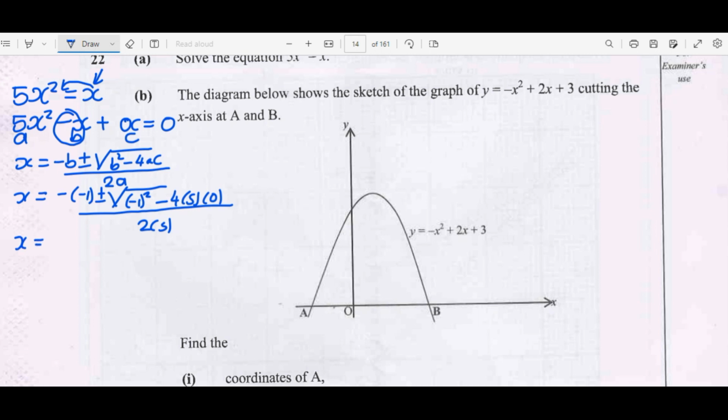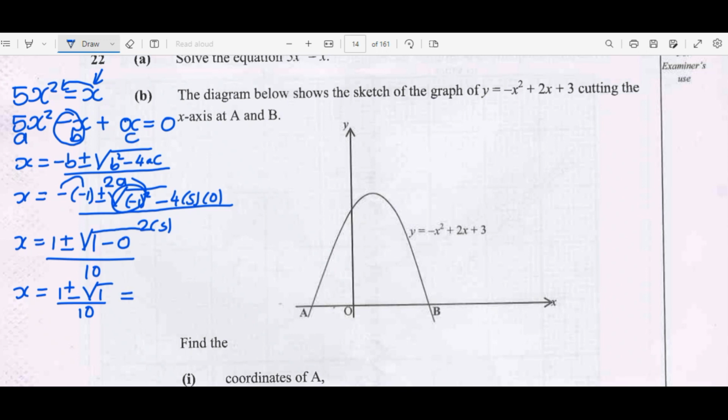Then negative times negative will get +1 plus or minus. If we square this, negative squared is 1. -4 times 5 is 20 times 0, that is just -0, over 2 times 5 will give us 10. So 1 minus 0 is 1 over 10.